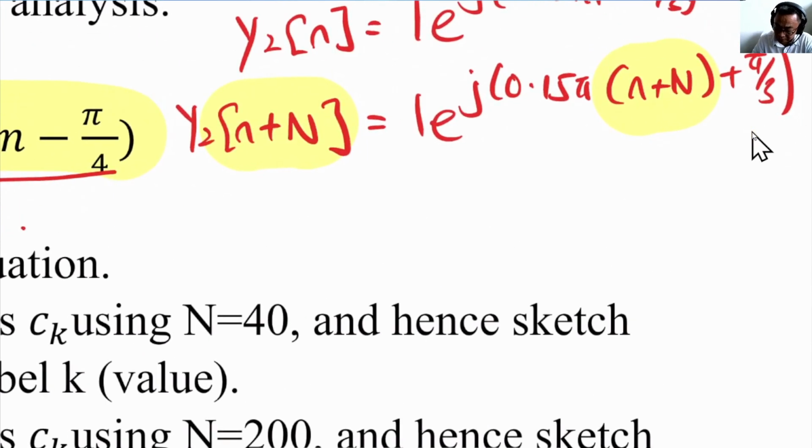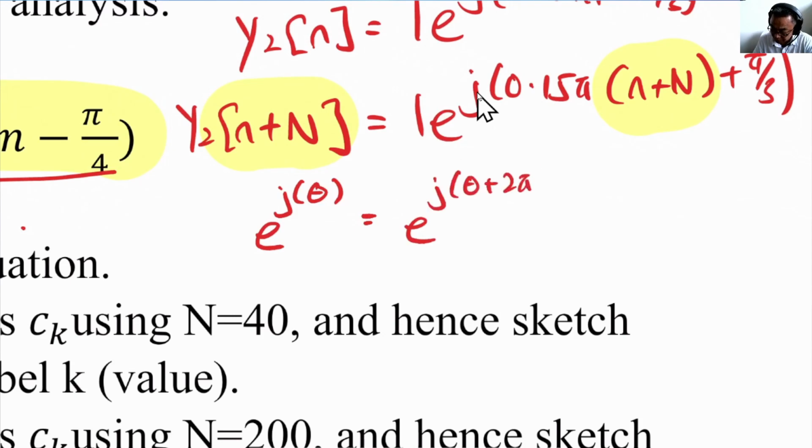And we know that the complex exponential is repeating every 2 pi. So what does this mean? It means this. And so on.